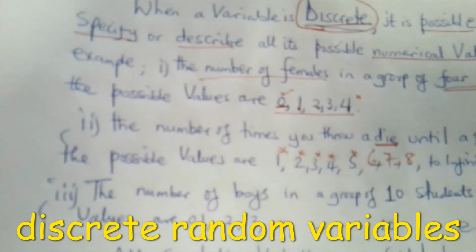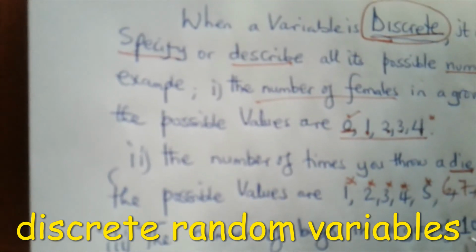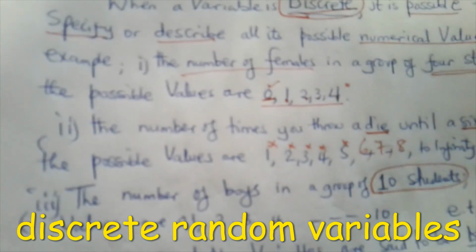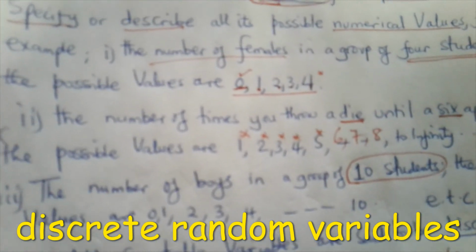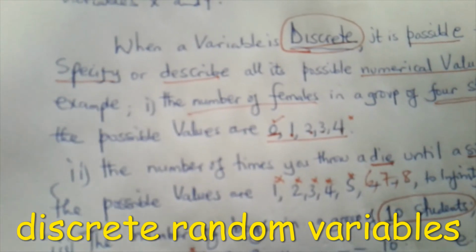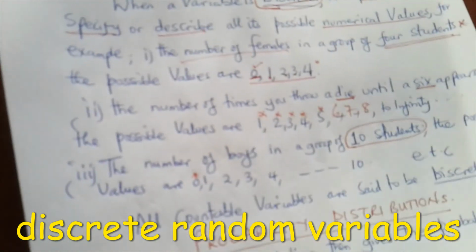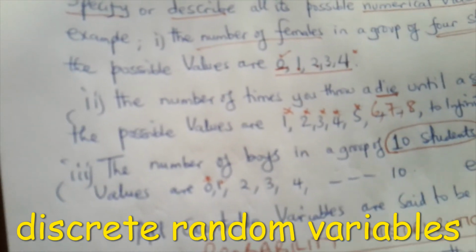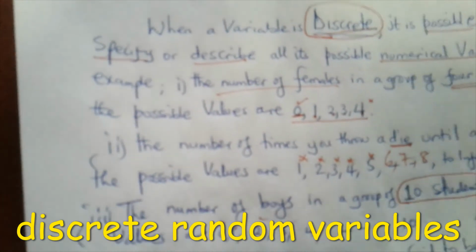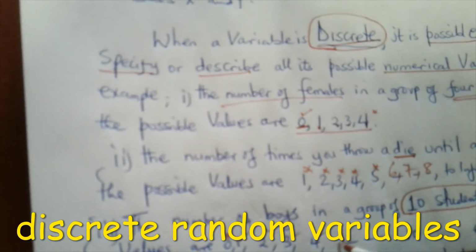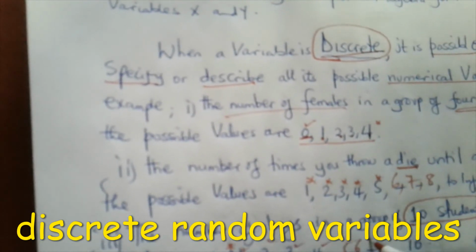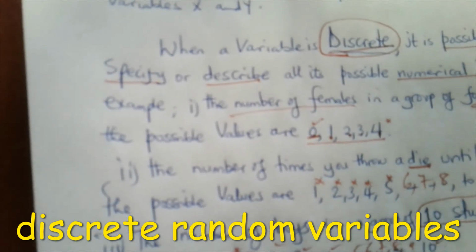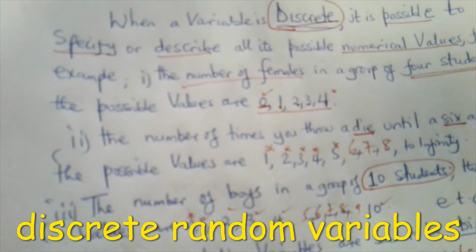We can even have the number of boys in a group. There are 10 students, and in this group you can go and check how many boys there are. You can find there is no boy, all of them are girls. Or you can find there is only 1 boy, 2 boys, 3 boys, 4 boys, 5 boys, 6 boys, 7 boys, 8 boys, 9 boys, or all of them are boys and there are no girls.